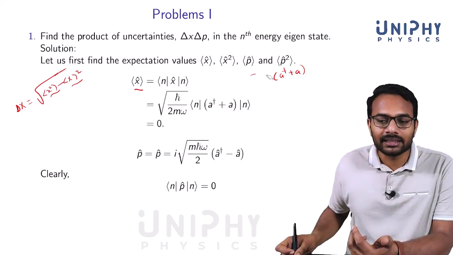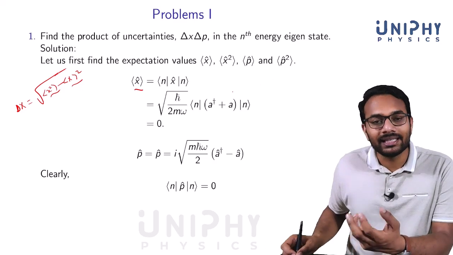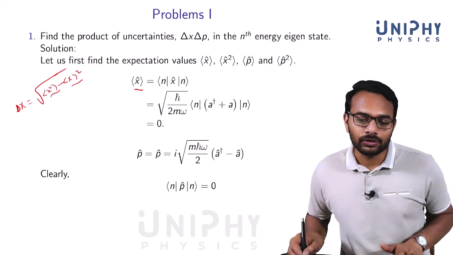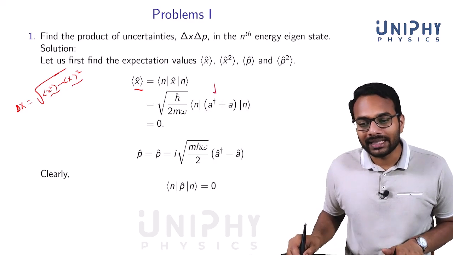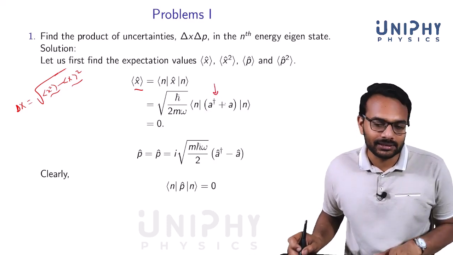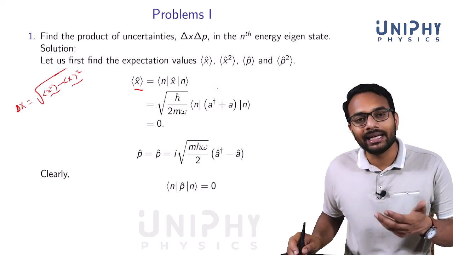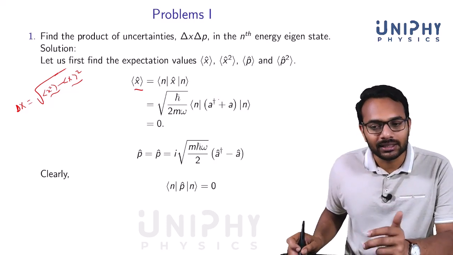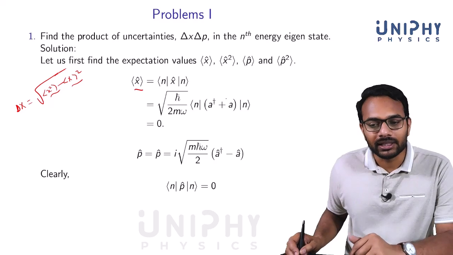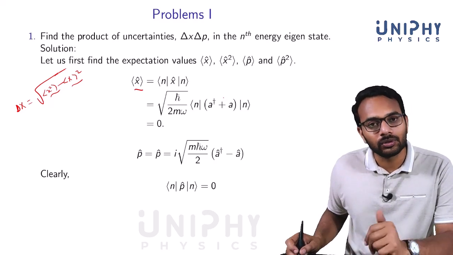This is the reason why, if you are trying to do an expectation value problem, the terms in which a and a dagger are not balanced, where a and a dagger appear a different number of times, will contribute 0.